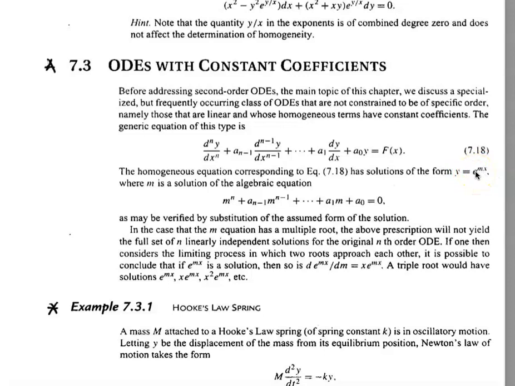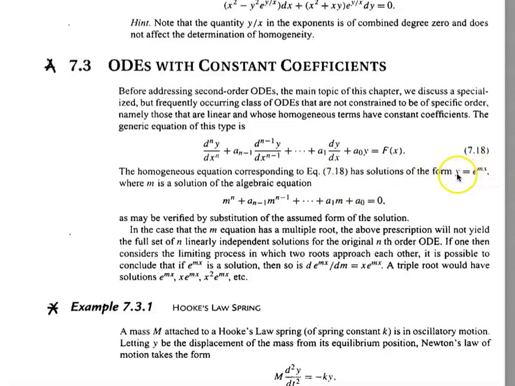So this is the regular e that you're used to seeing in your basic mathematics class. The reason we choose this is because, as you recall, the derivative of e to any variable repeats itself. And that's the nature of this differential equation. So when you substitute this in, dy/dx is equal to m e to the mx.